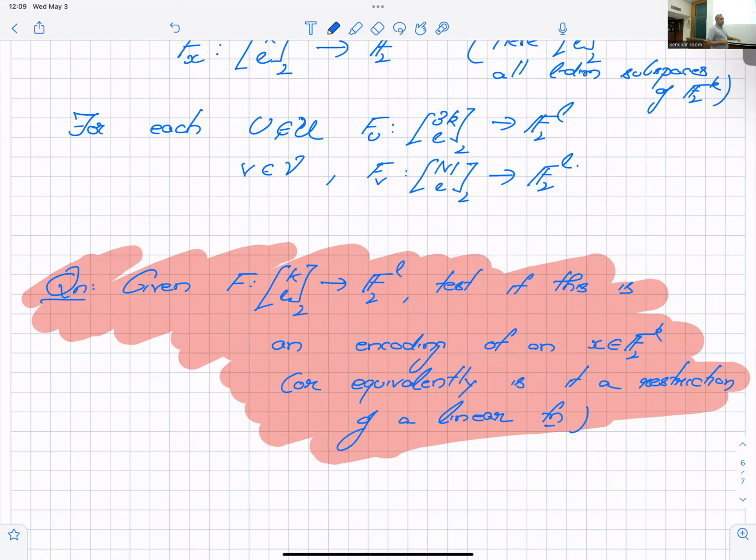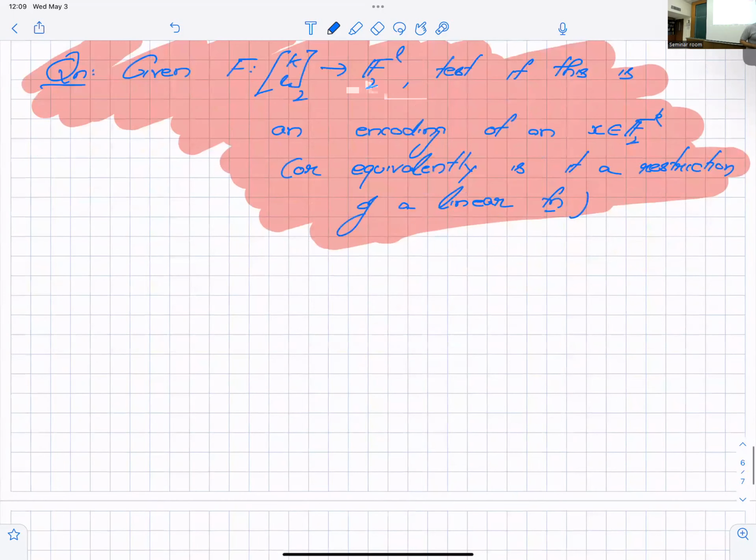Okay, so let's start with the test. Let's call this the Grassmann intersection test, with subscript GR, B. I'm going to design a test for this.